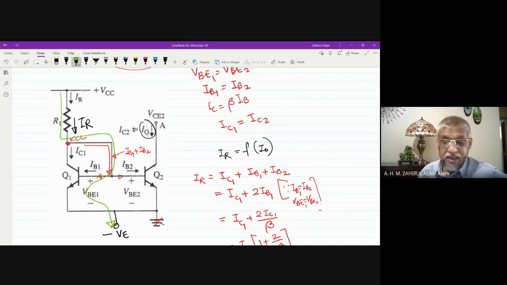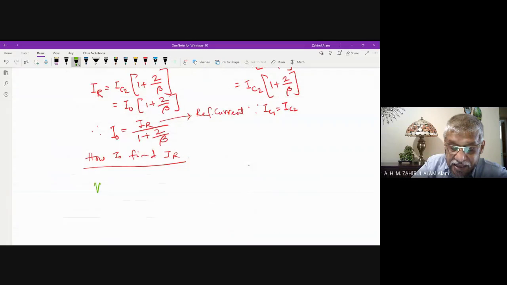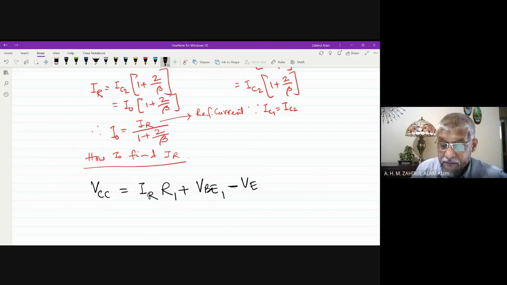If we apply KVL, then our VCC equal to IR into R1 plus VBE1 plus, no, minus, because the bottom is a negative voltage.